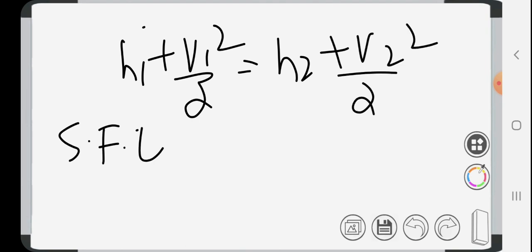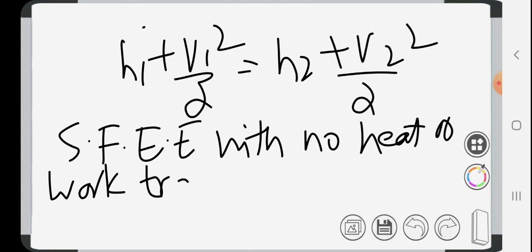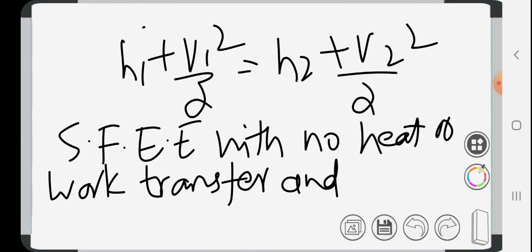This is the steady flow energy equation with no heat or work transfer, and z1 equal to z2, so the entry and exit are at the same level.